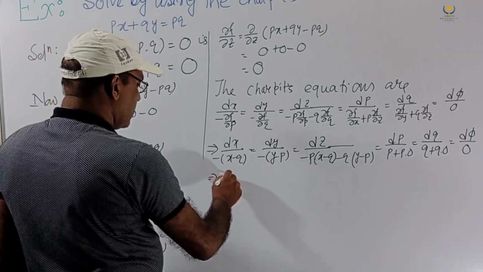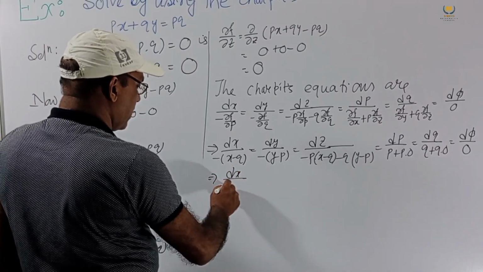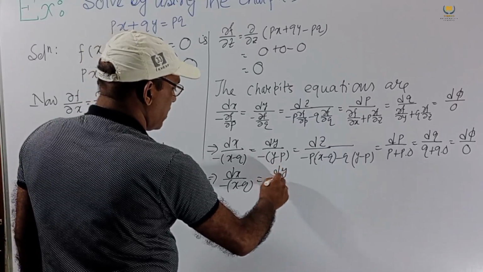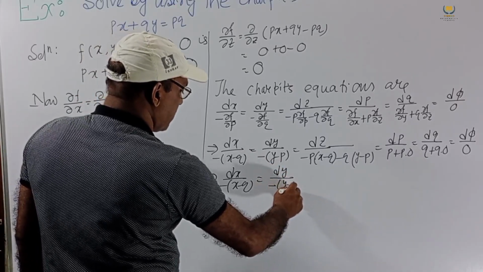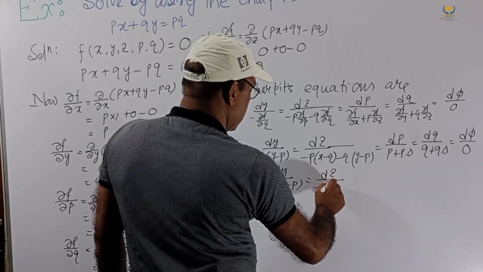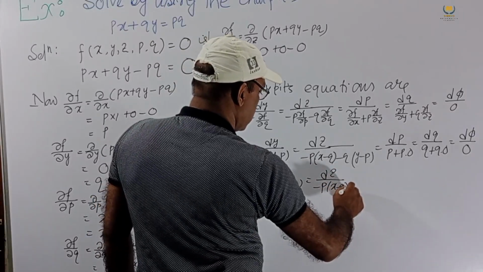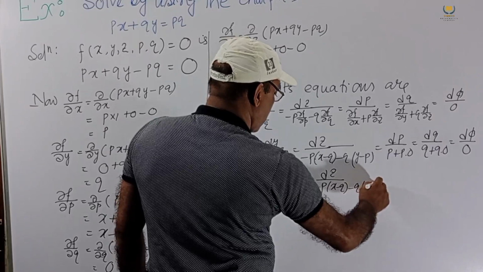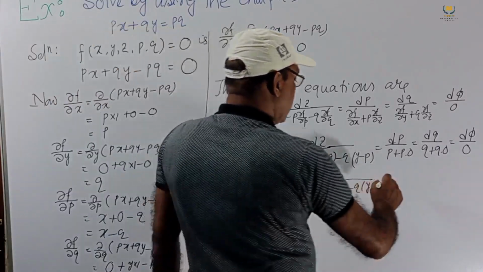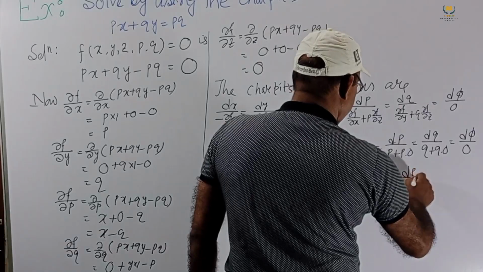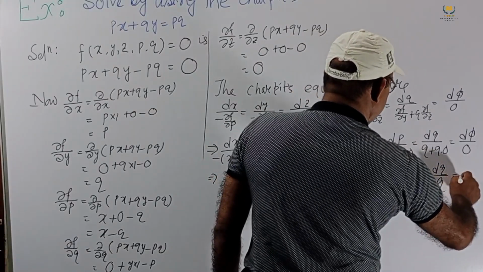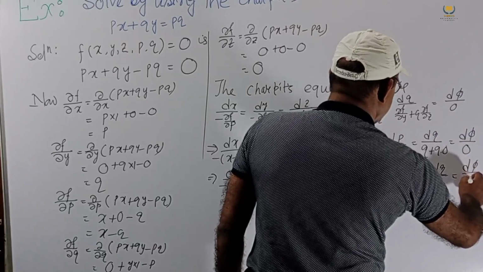So we get dx by minus (x minus q), dy by minus (y minus p), dz by minus p (x minus q) minus q (y minus p), dp by p, dq by q, dφ by 0.